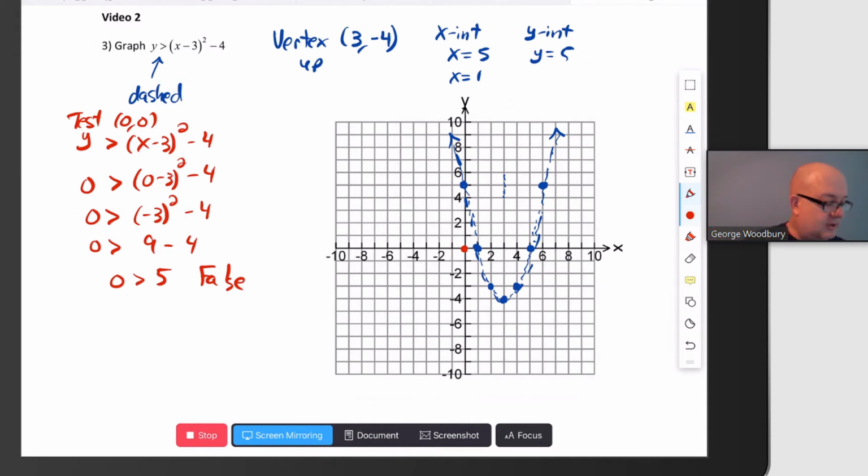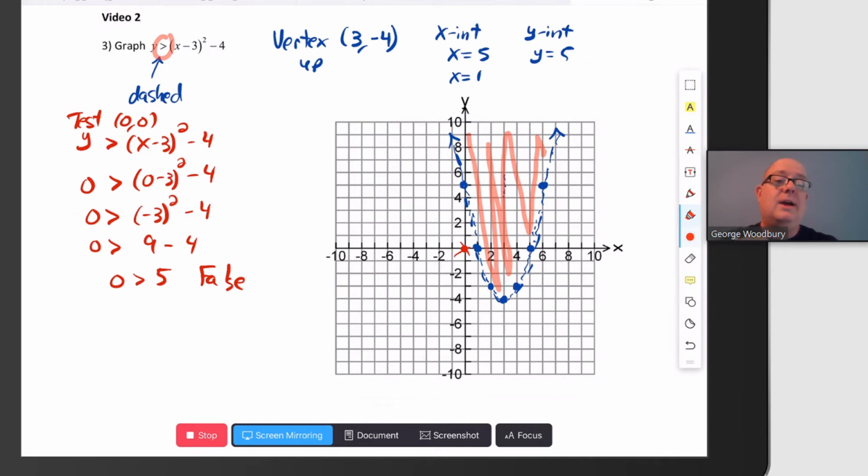But that tells me that this is not a solution, and so the solutions must be on the other side of the curve, which here would be above the parabola. It looks like it's inside, but it's really above. Now, whenever we are graphing a function of x where y is isolated on the left-hand side, then this sign really does tell us how to graph it.